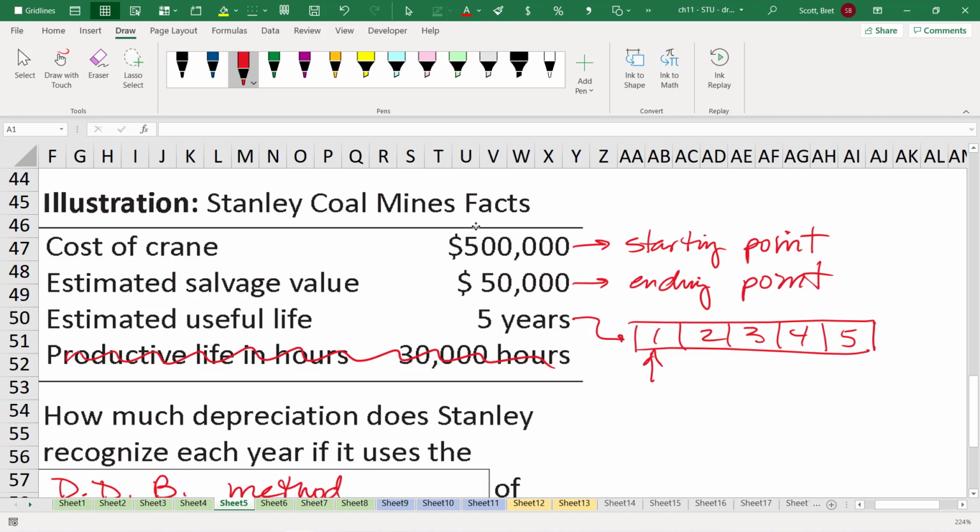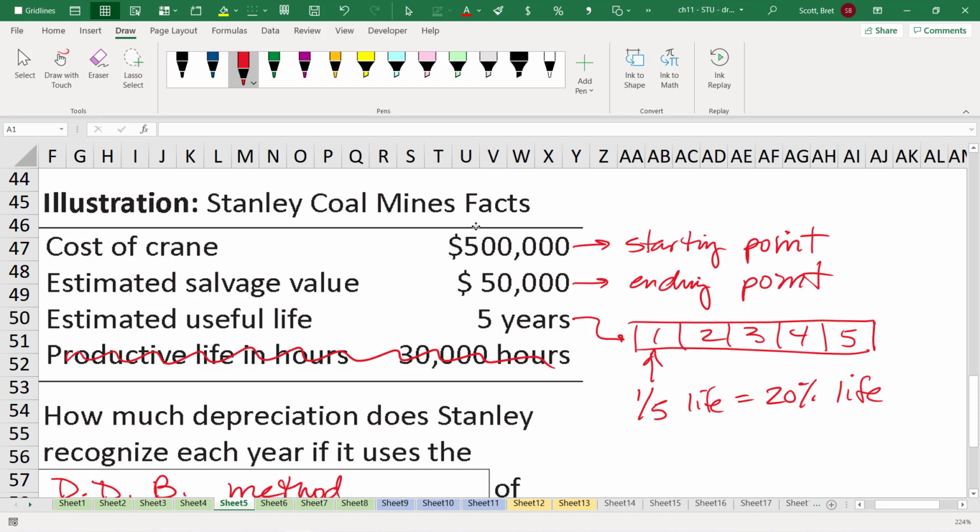So every year, one of the 5 years is being consumed. 1/5 of the life is being used up. 1/5 of the life equals 20% of the life. 1 divided by 5 is 20%. So every year that goes by, we have used up, under a straight line rate, 20% of the life.